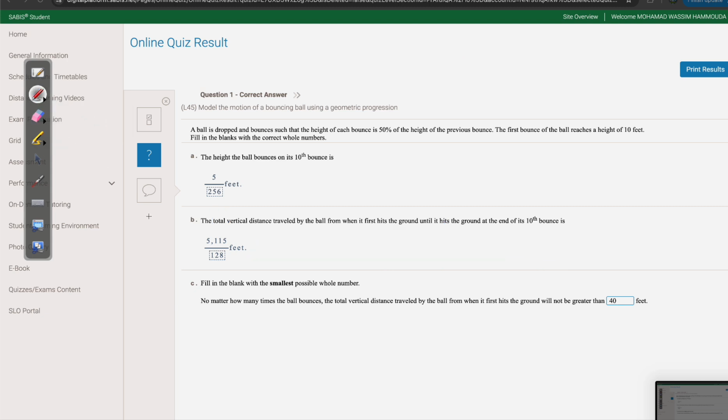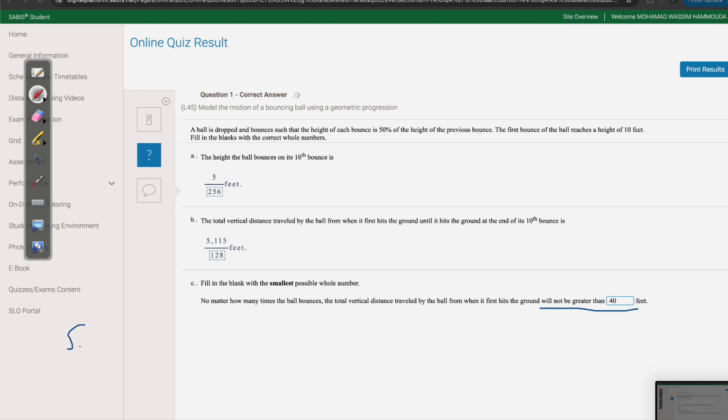No matter how many times the ball bounces, the vertical distance traveled by the ball is the maximum total distance, the total vertical distance will never be greater than. Okay, so here when they say it will not be greater than, we're just gonna do the sum to infinity.